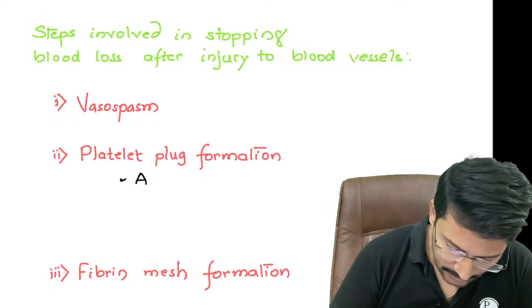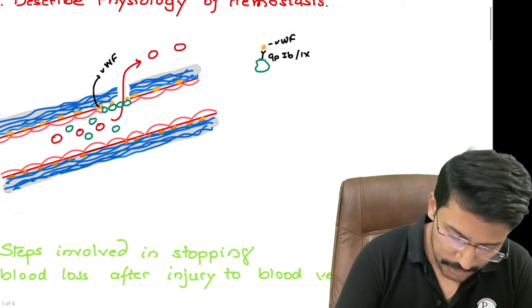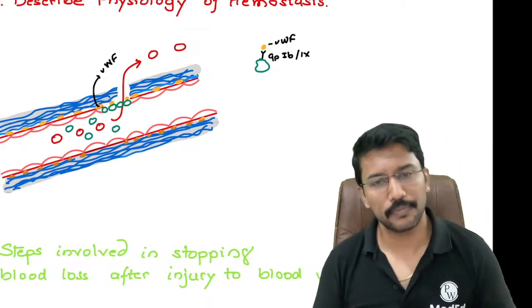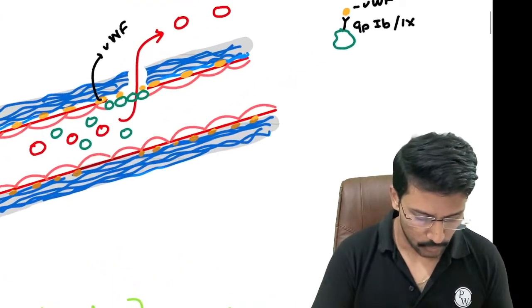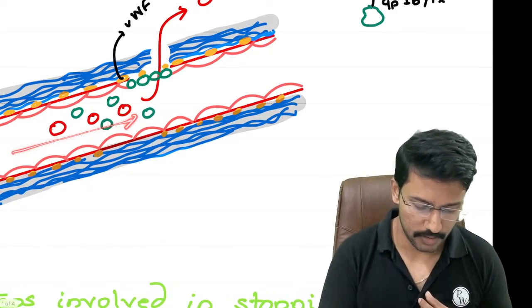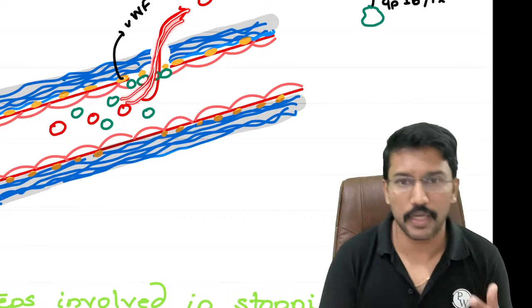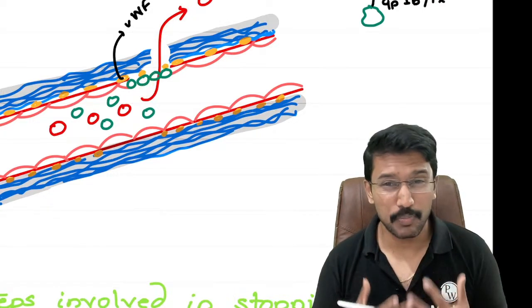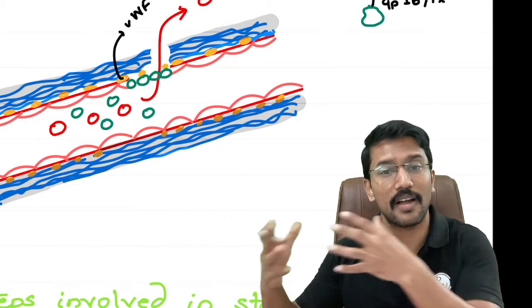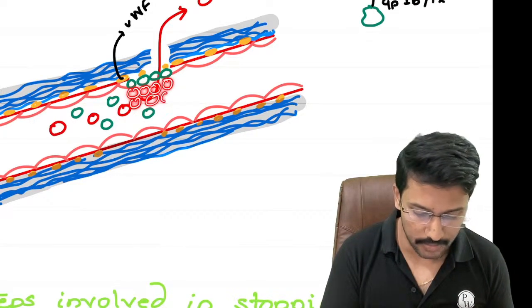And once the platelets adhere there, do you think just a few platelets attaching to this injured site is enough? Probably not, right? Because inside the blood vessel there is significant pressure created by the flow of blood, so they can easily push these platelets away and we still continue to bleed. So these platelets should attract more platelets to come to this site so that they can create a proper plug.